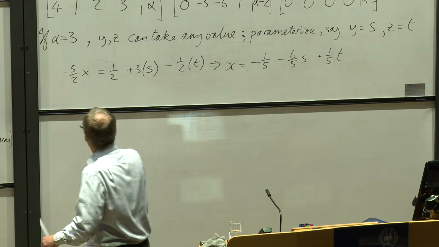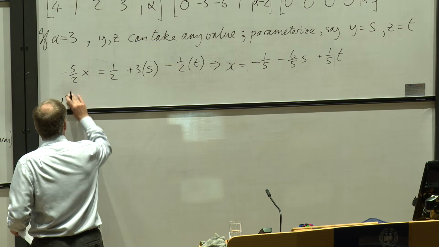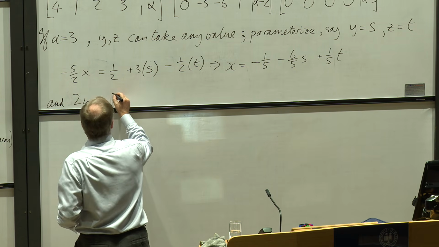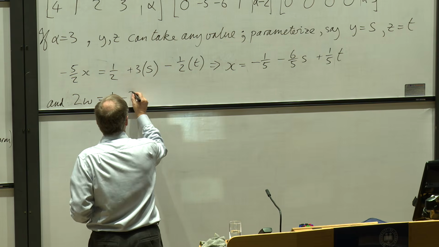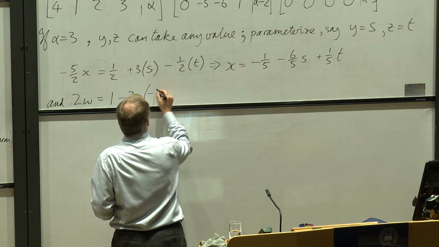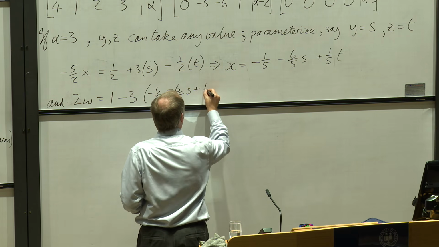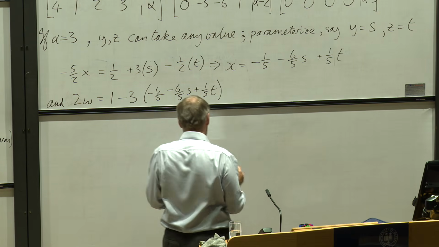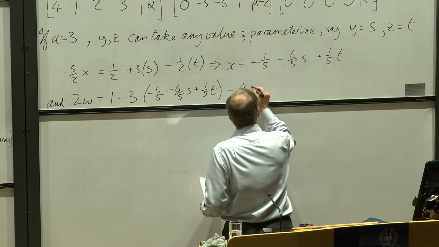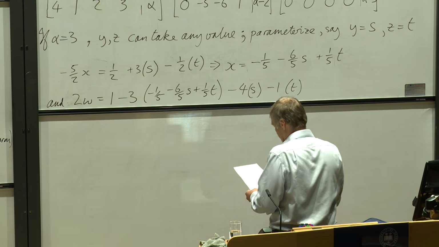Okay. And I can also write down then w. Well, at least I've got 2w. 2w is equal to 1 minus 3 lots of x. And now I know what x is. x is equal to minus 1 over 5 minus 6 over 5 s plus 1 over 5 t, minus 4 lots of s minus 1 lot of t. Okay.